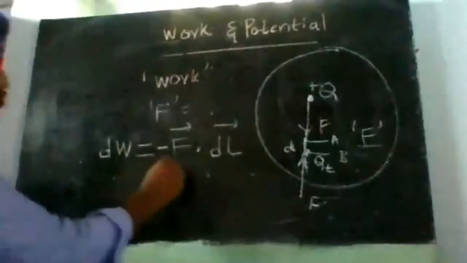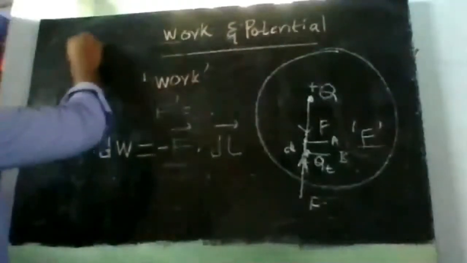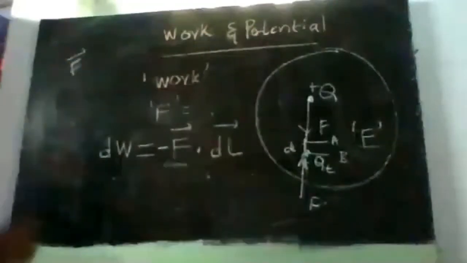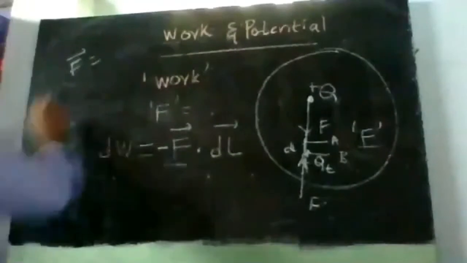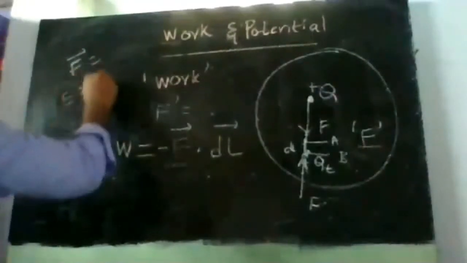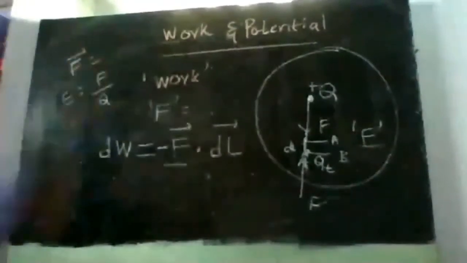Now from Coulomb's law, we know the relation between F and E. E bar is equal to F by Q, force per charge.